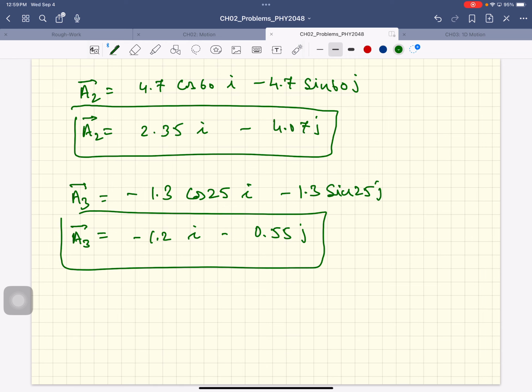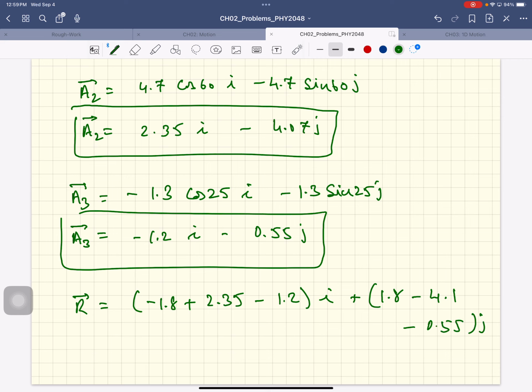So R is minus 1.8 plus 2.35 minus 1.2 i, plus the third, so minus 0.65 i, and that is 4.65.